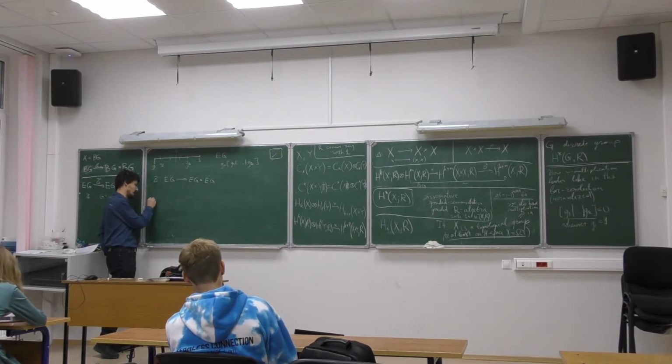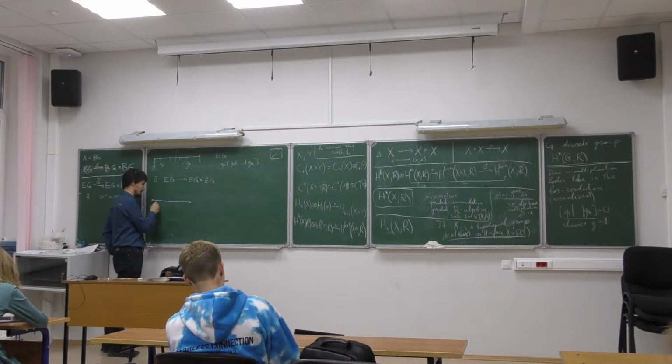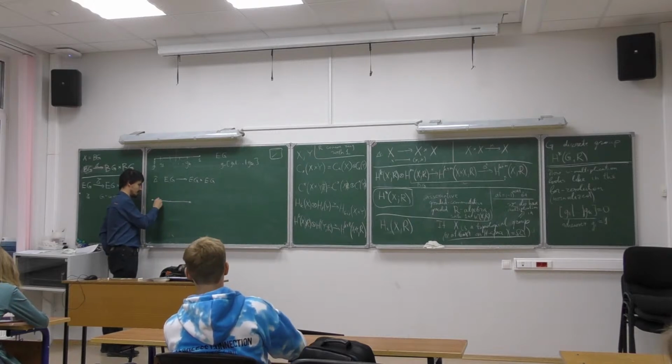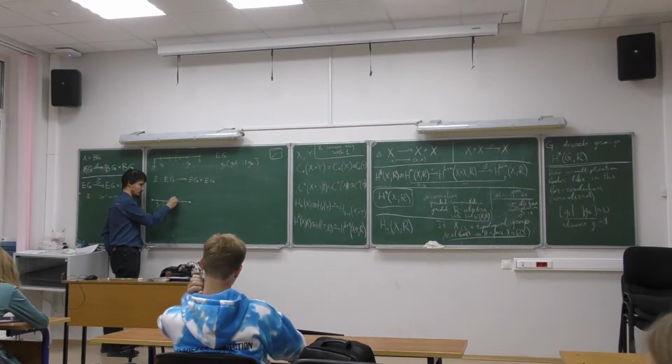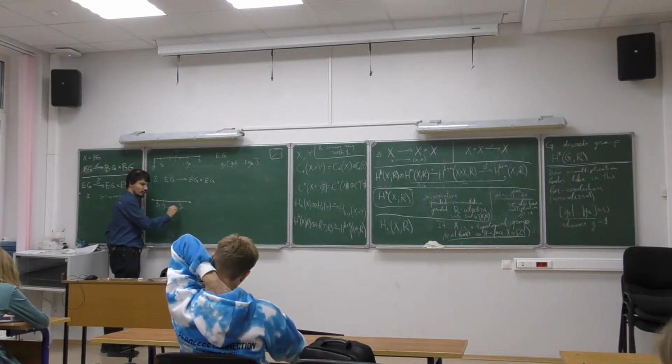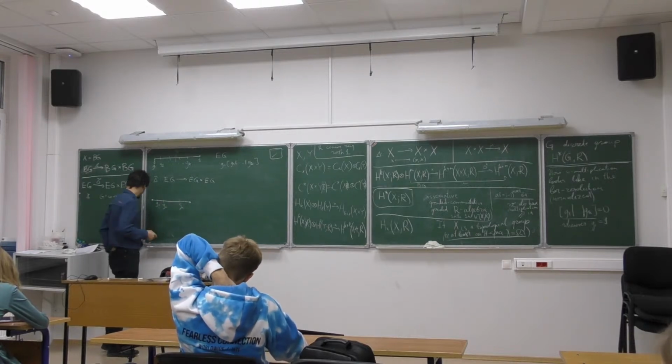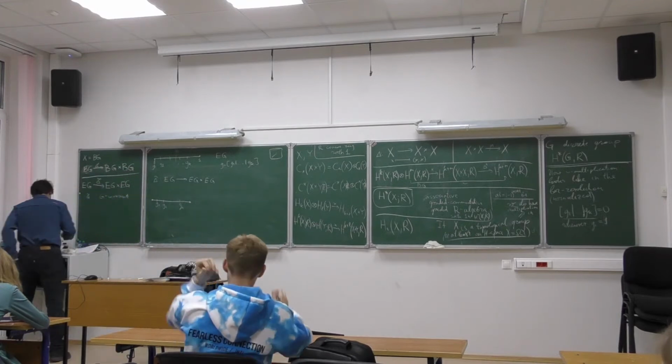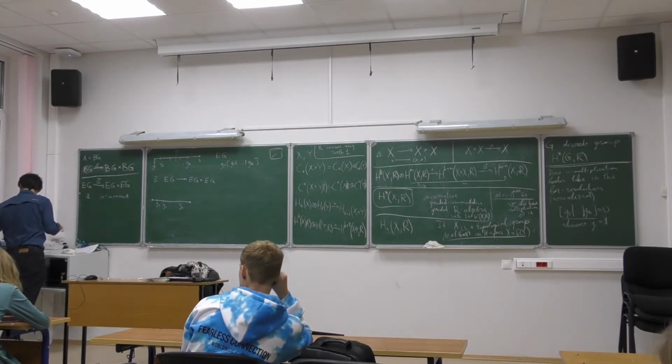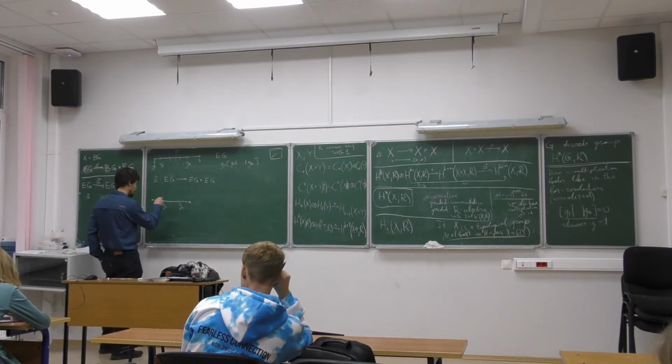Suppose that I start with some configuration of points here, points with labels, and I proceed as follows. Unfortunately, no color, but okay.